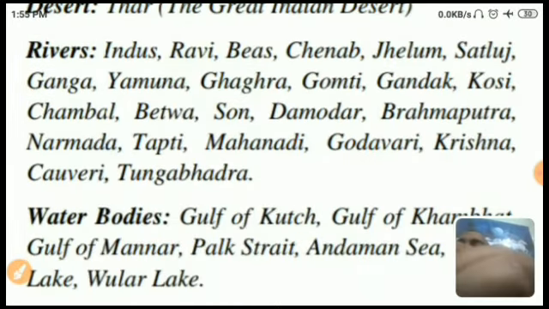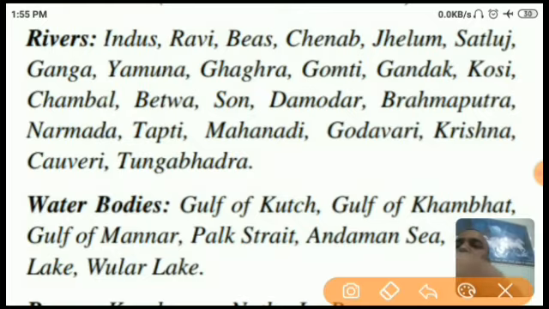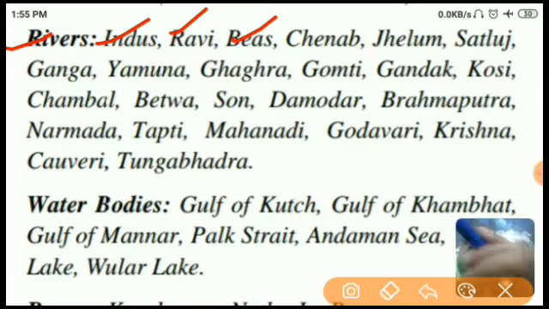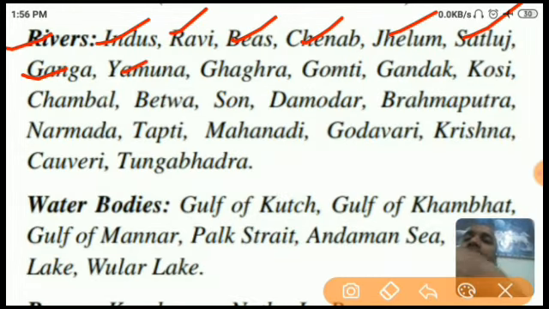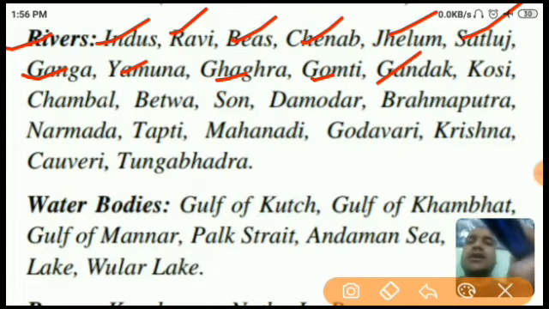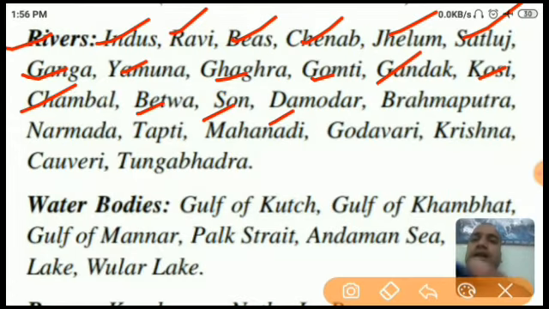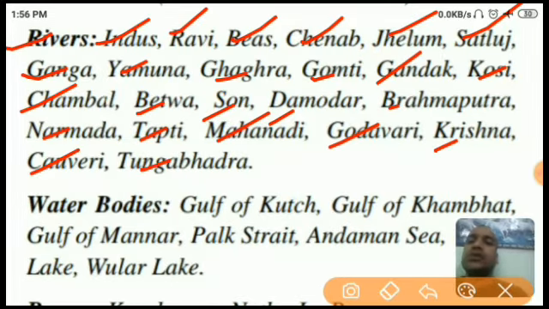Then we will move forward to the rivers. In rivers we have to see the Indus, which in Hindi is called the Sindhu river. Then Ravi, Beas, which in Hindi is called Vyas or Byas. Then Chenab, Jhelum, Satluj, Ganga, Yamuna, Ghagra, Gomati, Gandak, Kosi, Chambal, Betwa, Son, Damodar, Brahmaputra, Narmada, Tapti, Mahanadi, Godavari, Krishna, Kaveri and Tungabhadra.